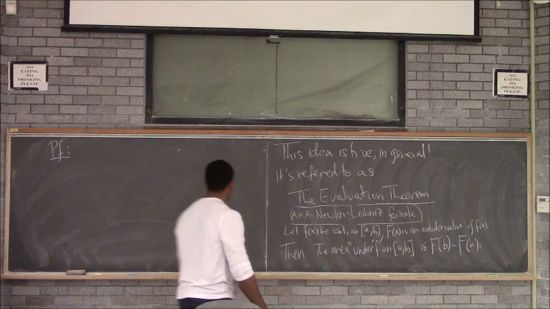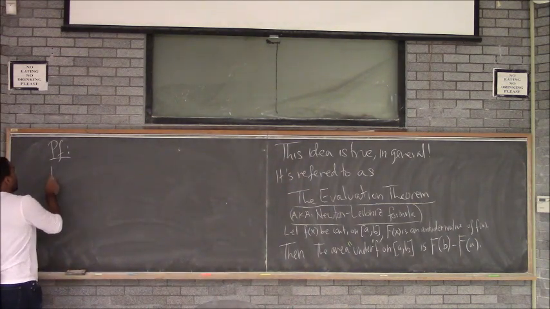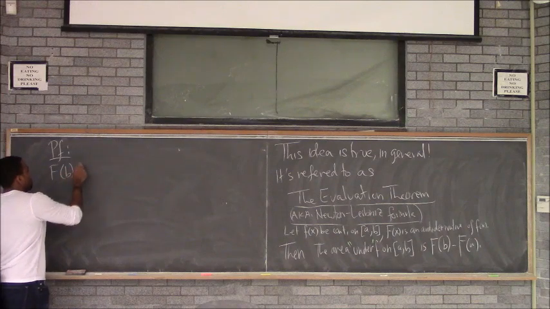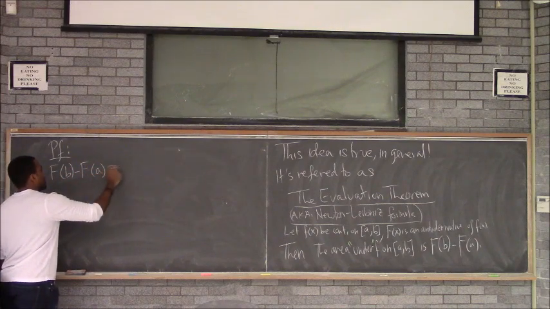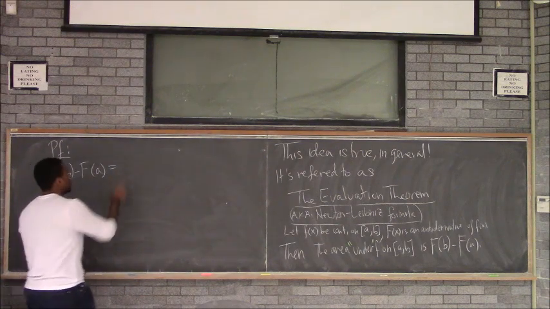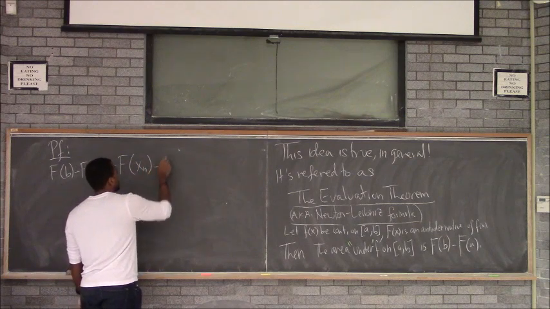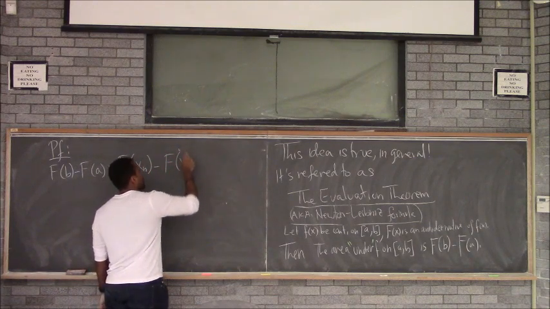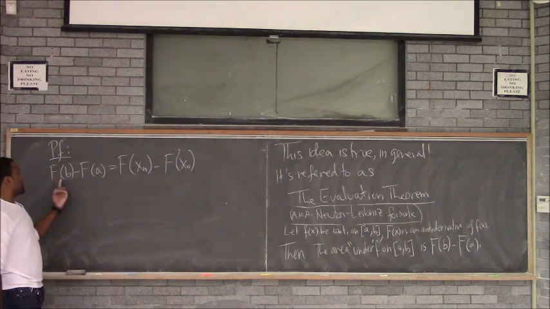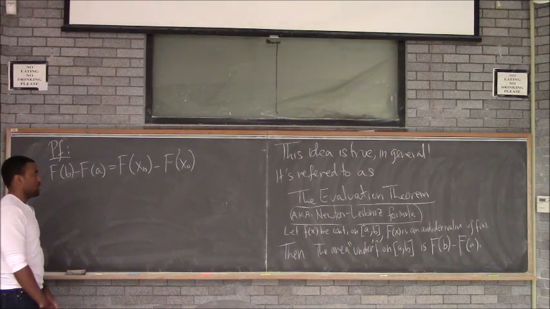Why is that true? So let's start with the F of b minus the F of a. What is that going to be equal to? Well, let's just rename things very suggestively. Our b was xn and our a was x0. We used that notation last time when we were slicing things up. And here's what we're going to do.